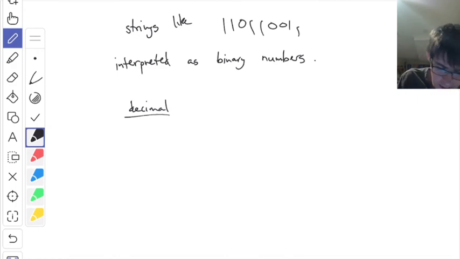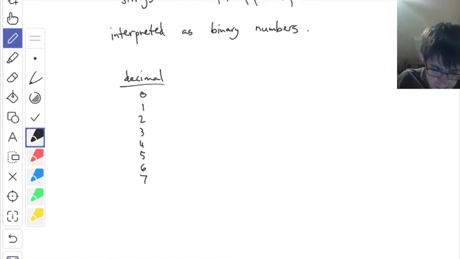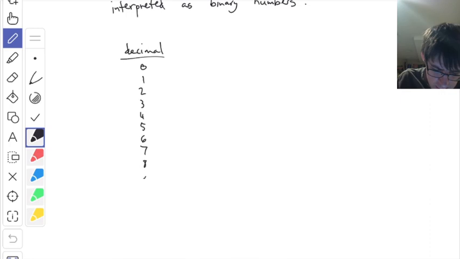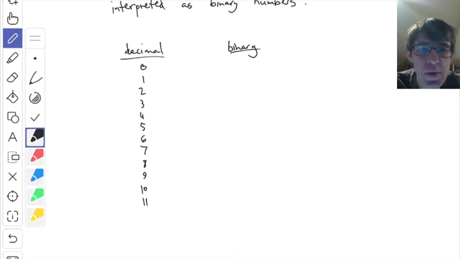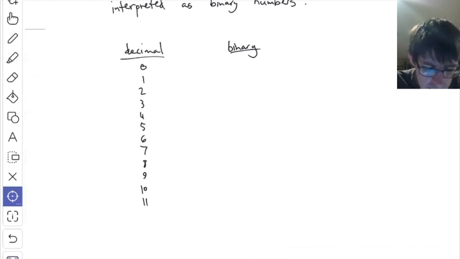Decimal numbers look like 0, 1, 2, 3, 4, 5, 6, 7, 8, 9, 10, 11. You can also write those numbers in binary. Binary is base 2 instead of base 10. Now, when I say we use base 10, what that means is you count up digits until you get to 9.